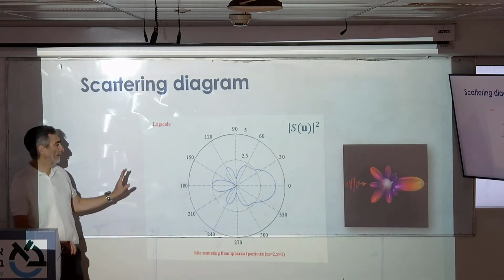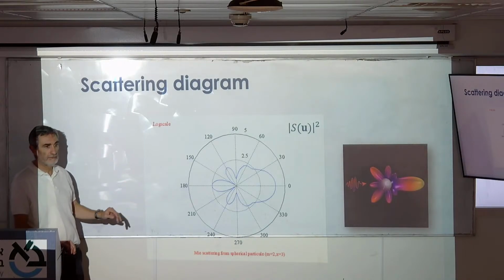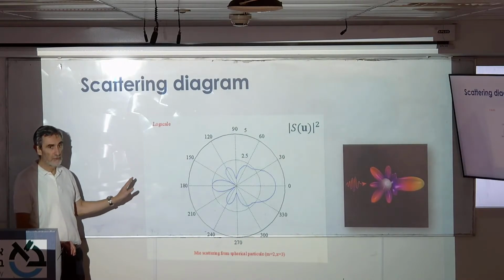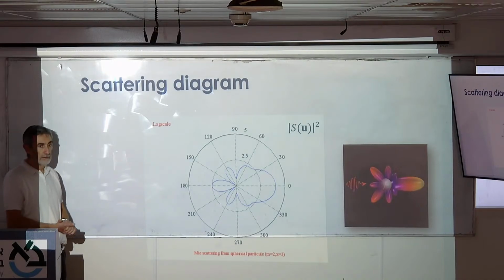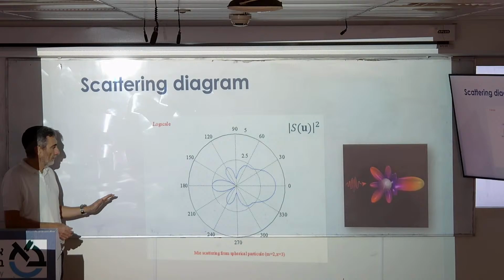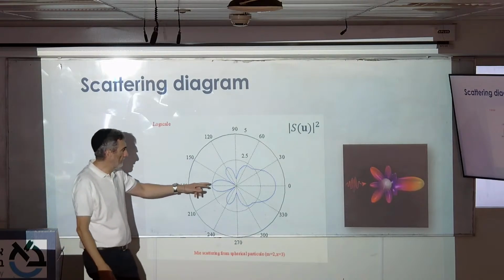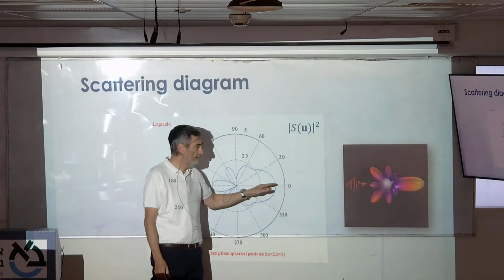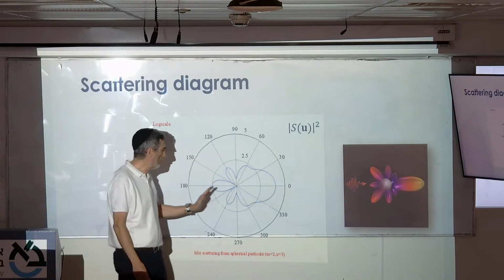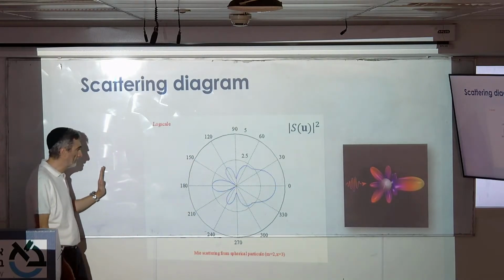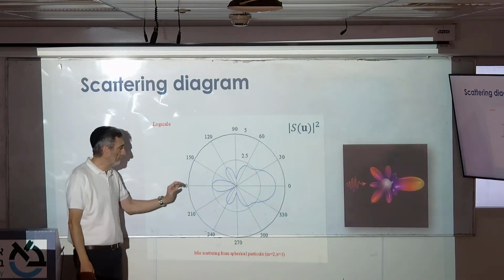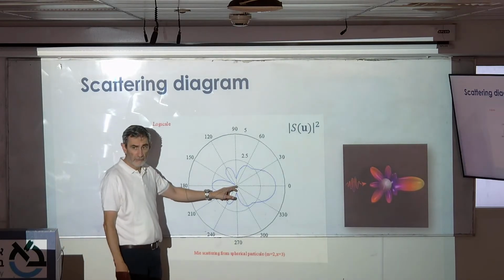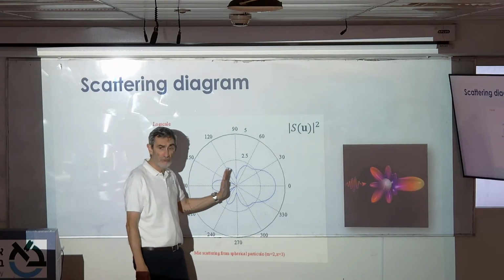So let me just explain more specifically what happens here, what we are looking at. The zero here means the direction of incidence. We have a plane wave coming from this side, being scattered by the scatterer, and the plane wave continues.